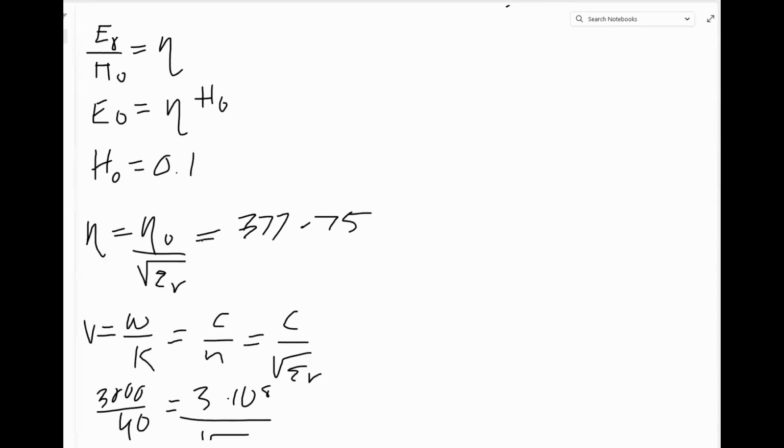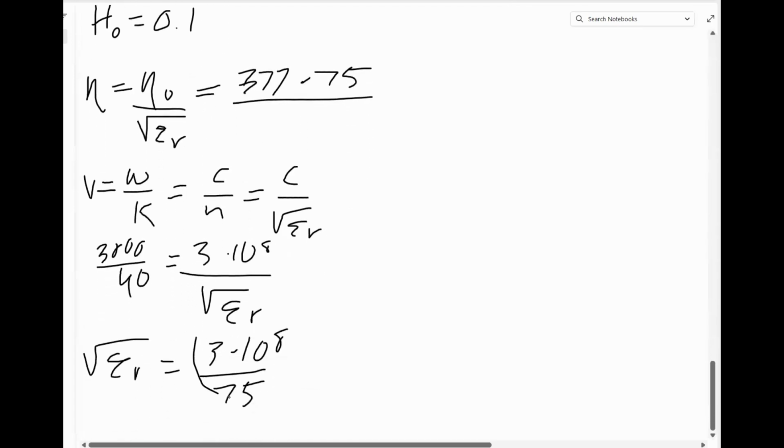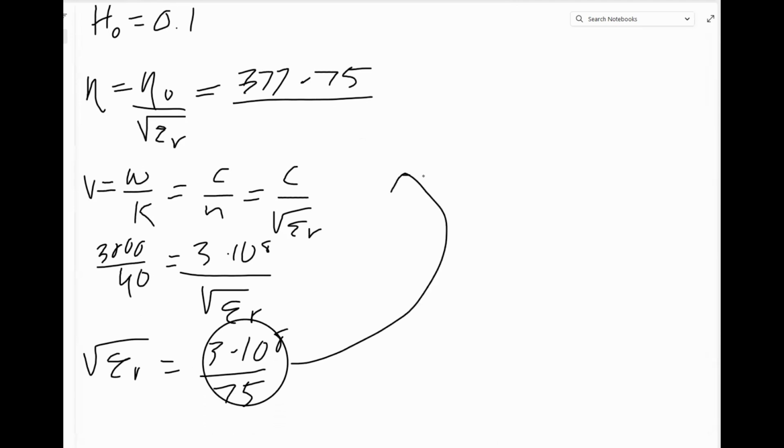This is us plugging in square root of epsilon r. And since that's this value over here, you just put it there. And so that is over 3 times 10 to the power of 8. And we get that equal to 9.4 times 10 to the power of negative 5.